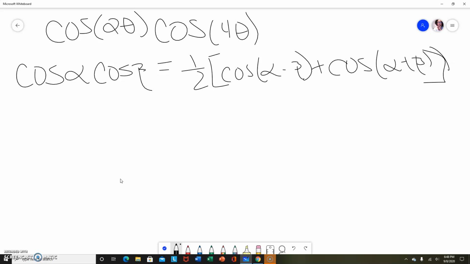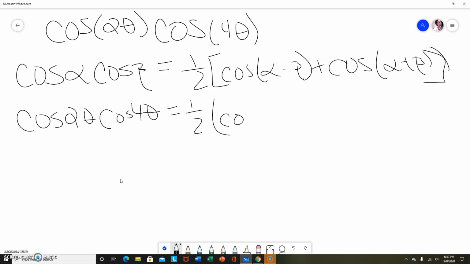So let's plug in what we have. So we have cosine 2 theta and cosine 4 theta. So we get 1/2 and cosine of 2 theta minus 4 theta plus cosine of 2 theta plus 4 theta.